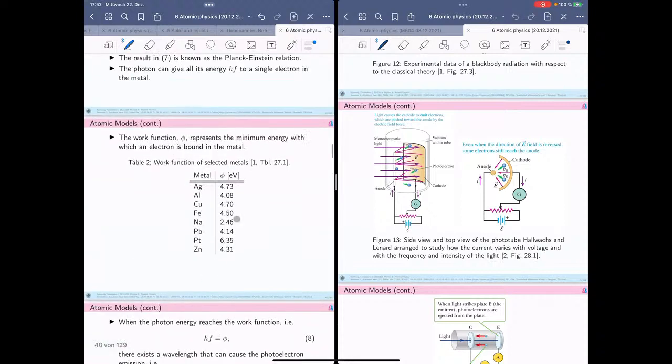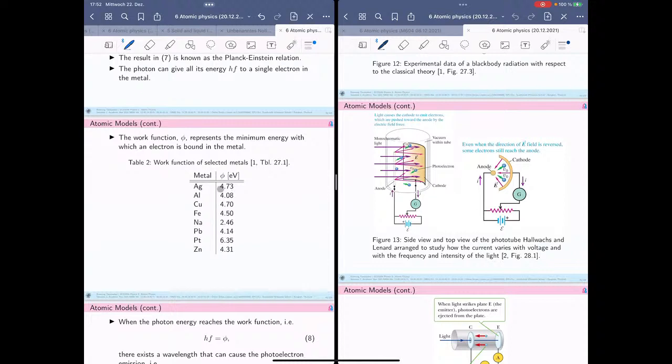Okay. Let's talk about different metals. Silver has the work function of 4.73 electron volt. It's quite high, and aluminum has only 4.08, which is less than the work function of silver.